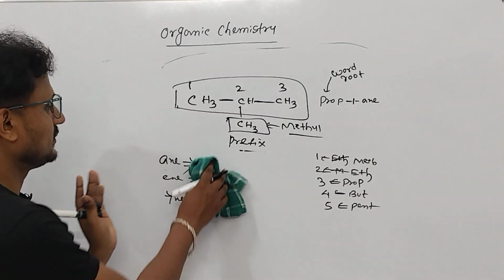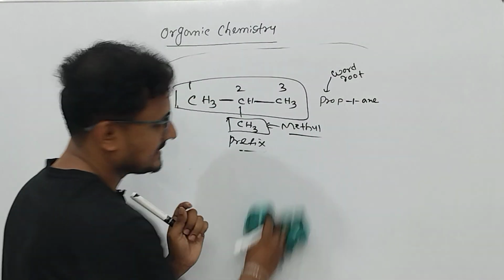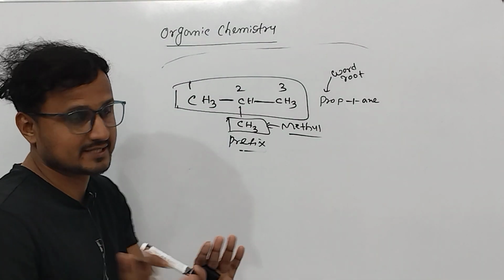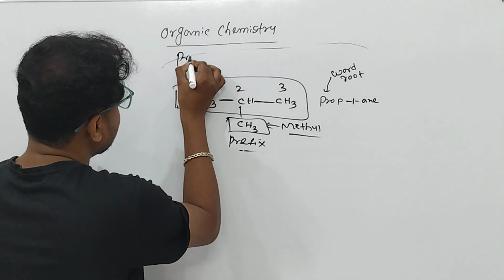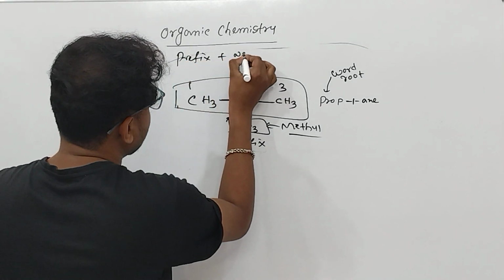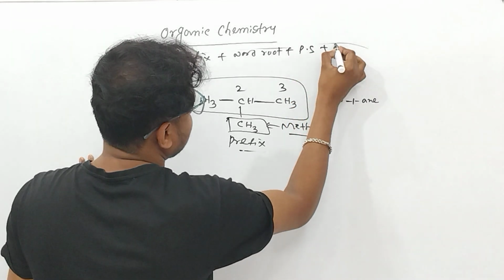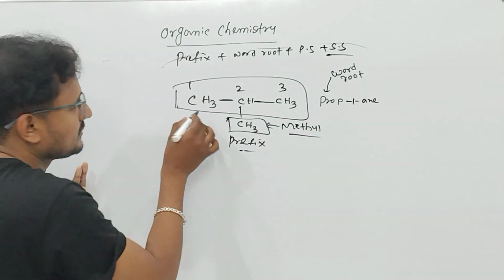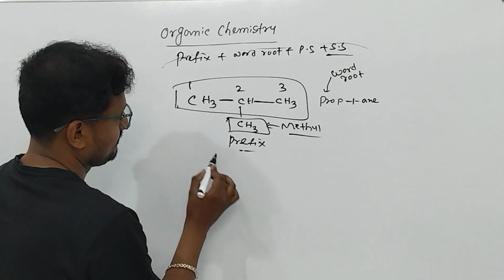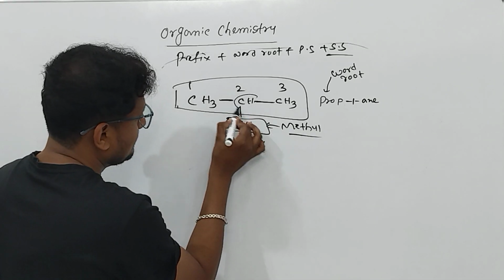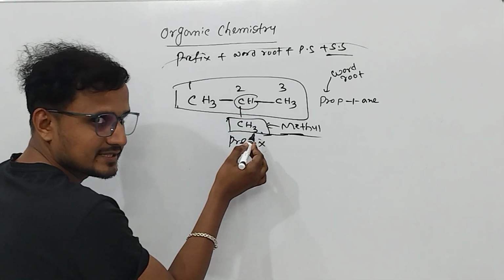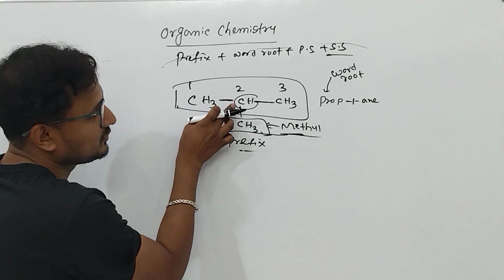So if you join all this, first of all the prefix, do not forget this prefix, then the word root, then the primary suffix, then the secondary suffix. So the prefix here is methyl. What is the position of this carbon? Number 2 carbon.